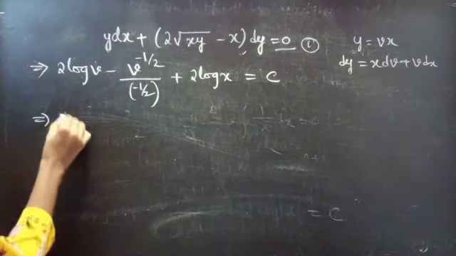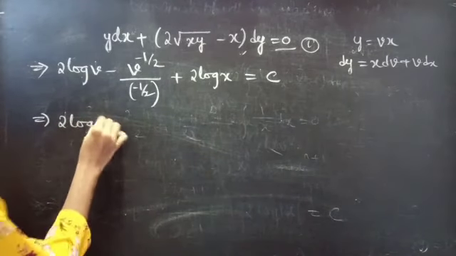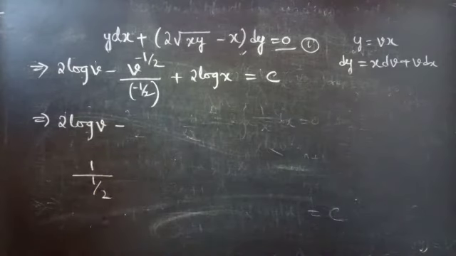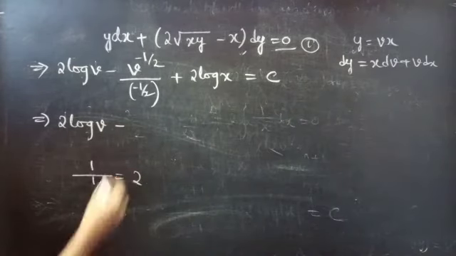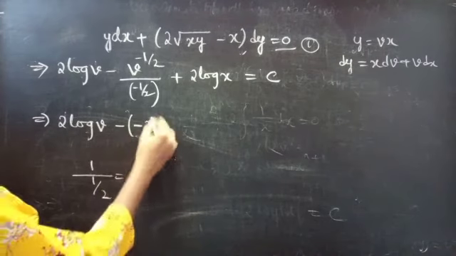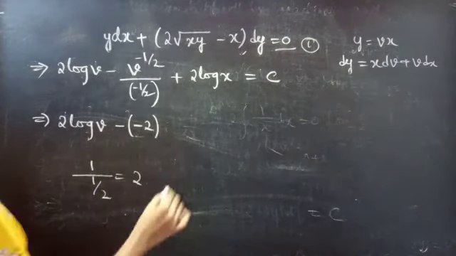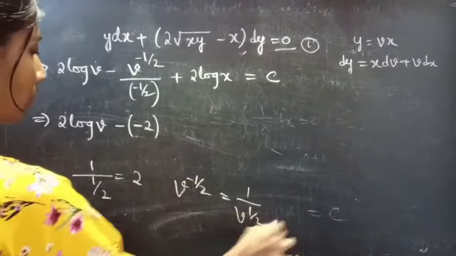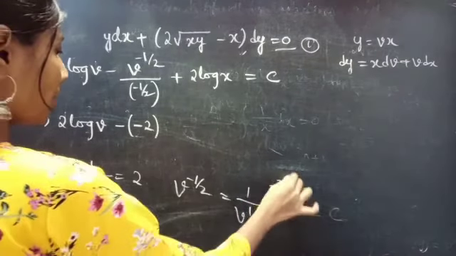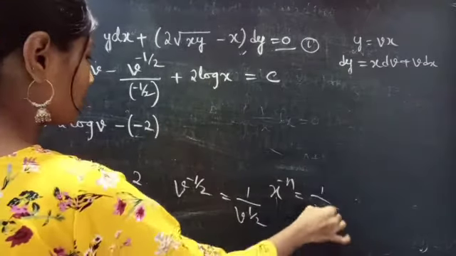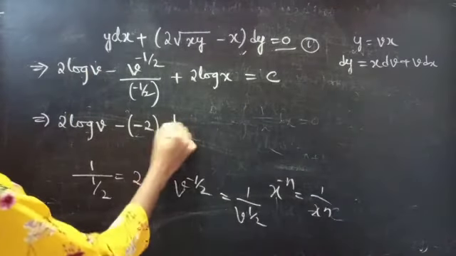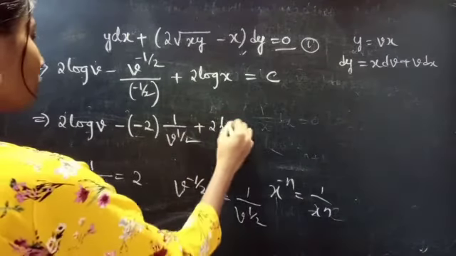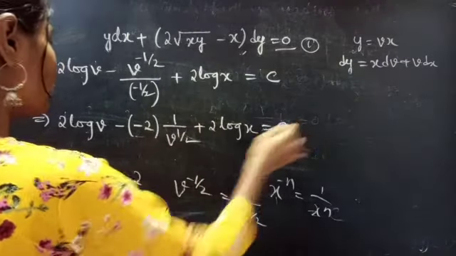Then 2 log v minus, 1 by 1 by 2 is 2, right? So you'll get minus into minus 2 into, you can write v power minus 1 by 2 as 1 by v power 1 by 2 since x power minus n equals to 1 by x power n. So you could write this as 1 by v power 1 by 2. Okay, plus 2 log x equals to c.